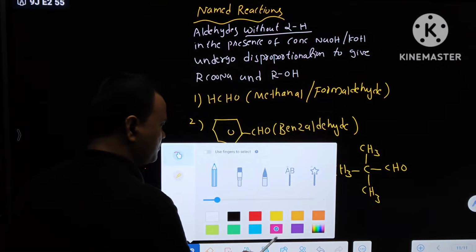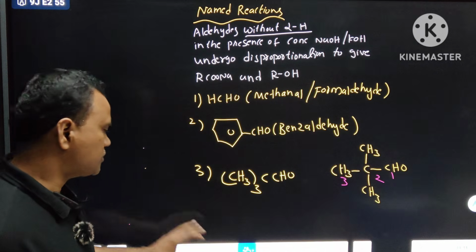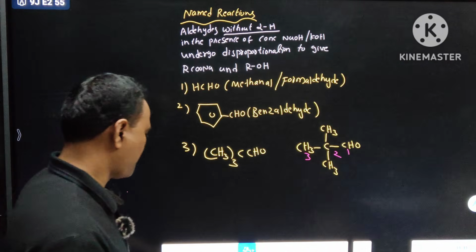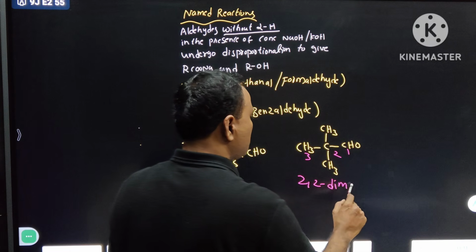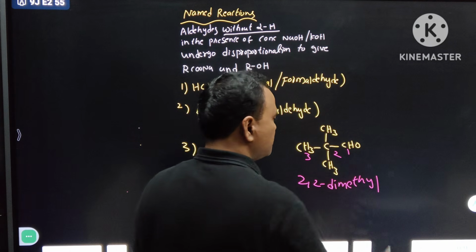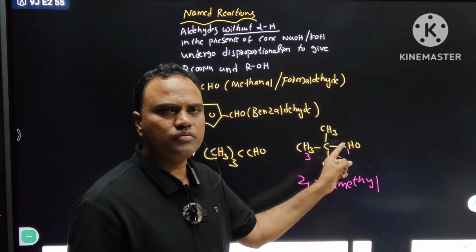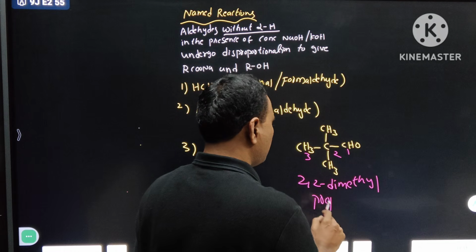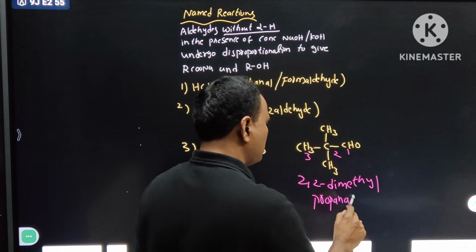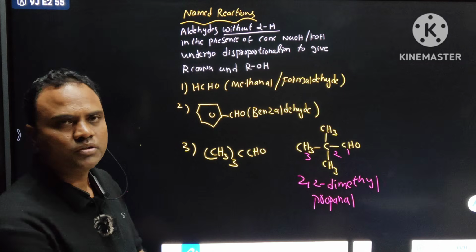Can you give its IUPAC name? 2,2-dimethyl. How many carbons are present? 1, 2, 3. Propanal. 2,2-dimethyl propanal. Okay.